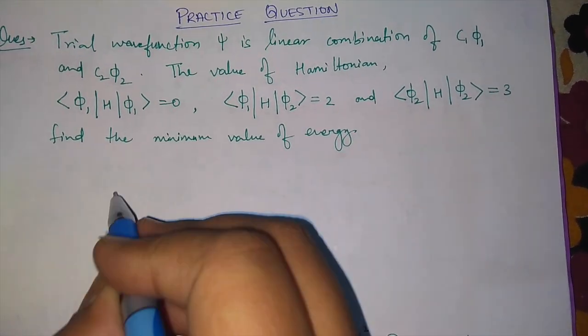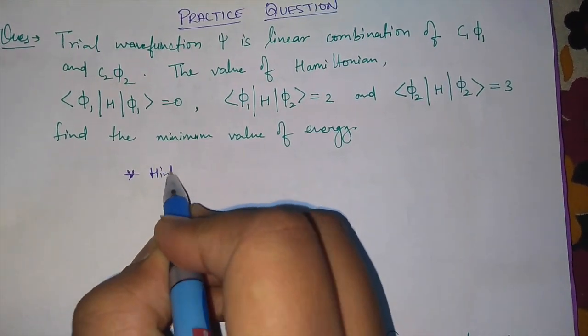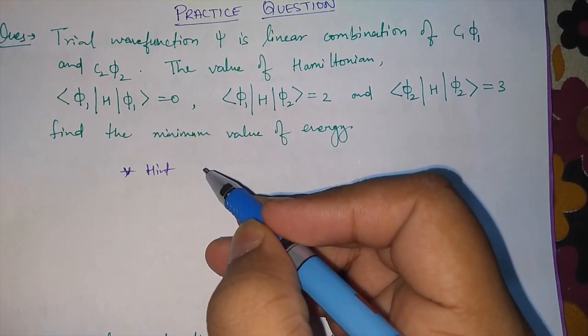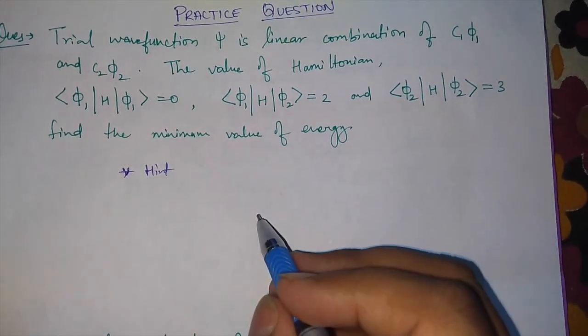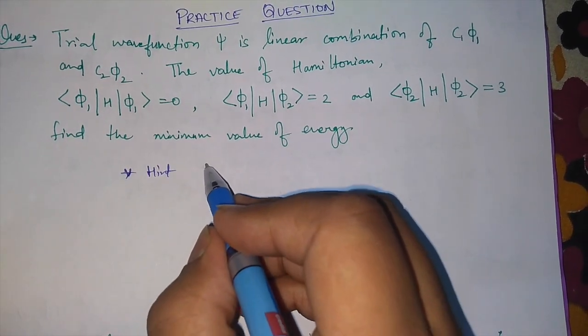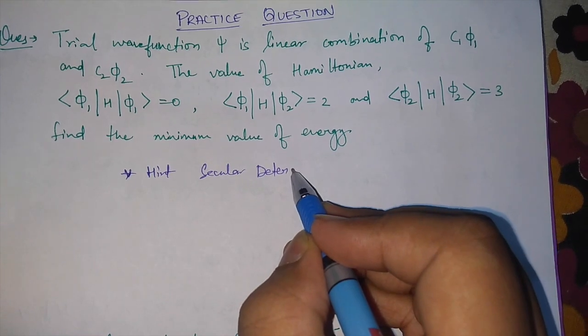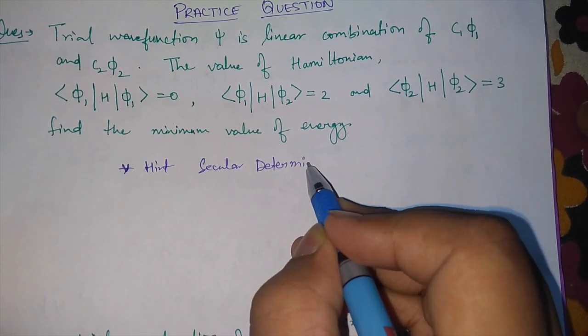So I'll just give you a hint. The hint is that it will be solved using your secular determinant. The way I just did one question, it's similar to that.